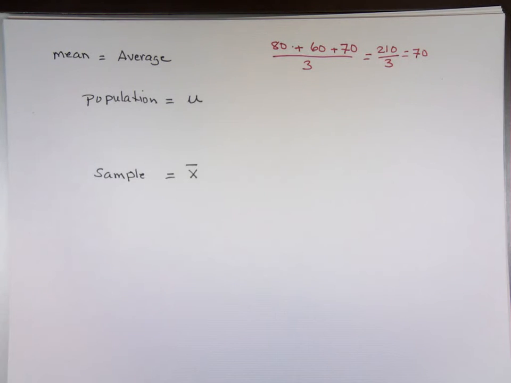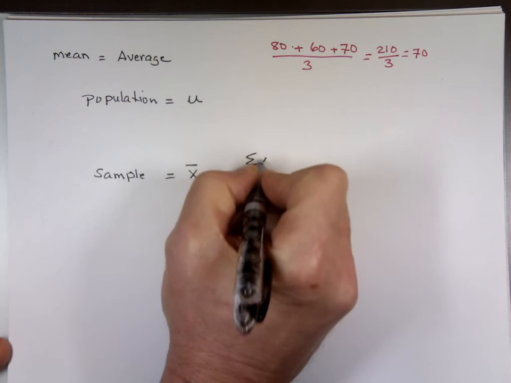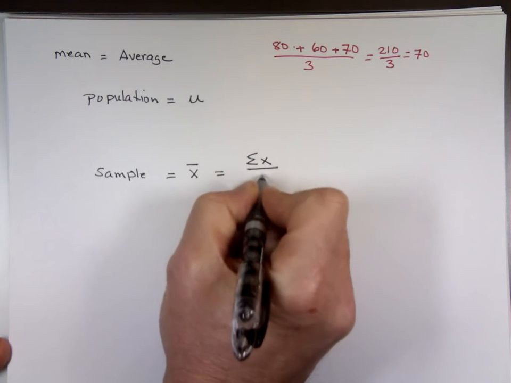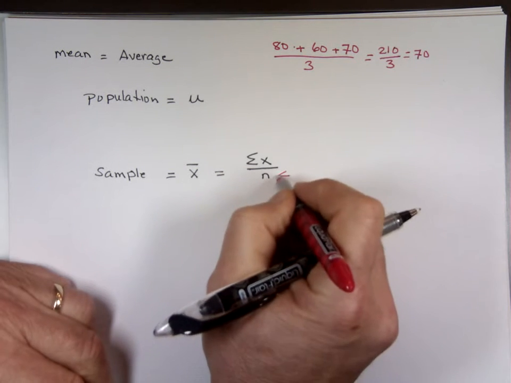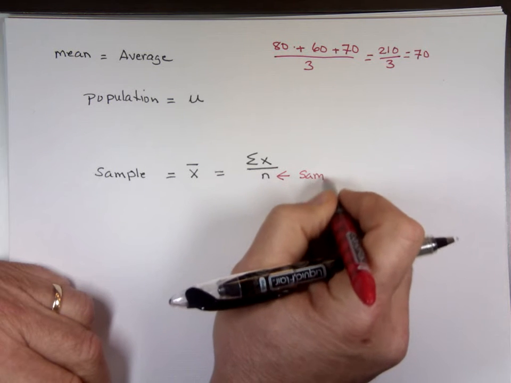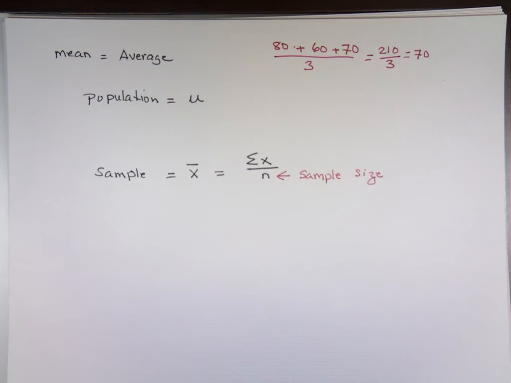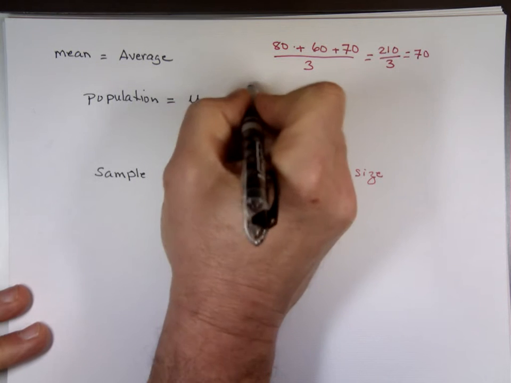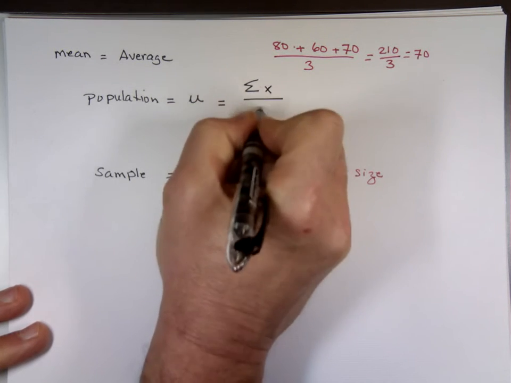Your average is 70. So the way we calculate the mean, if it's a sample, we add all the values, summation of all the values, divided by the number of values. N is the sample size. If it's a population, we add all the values and we divide by the population size.